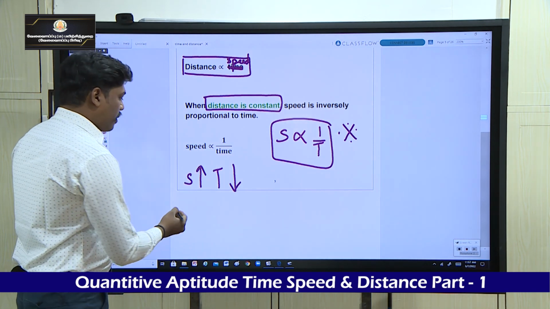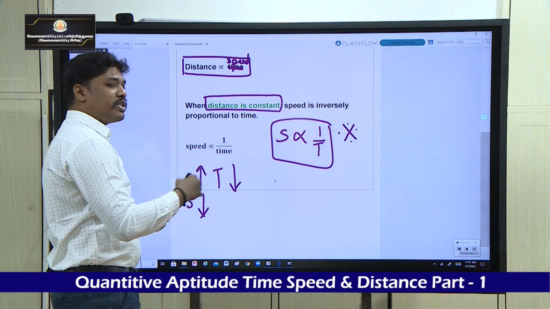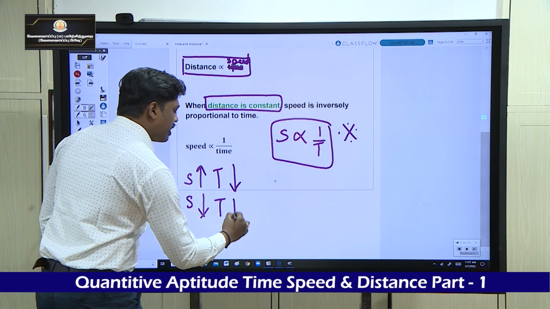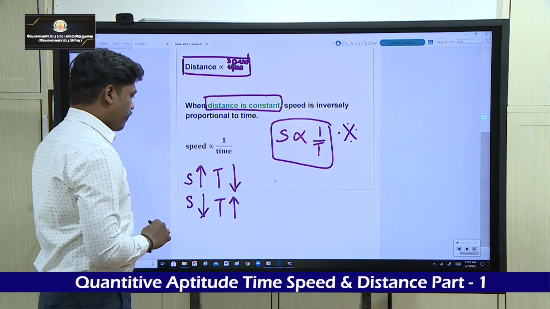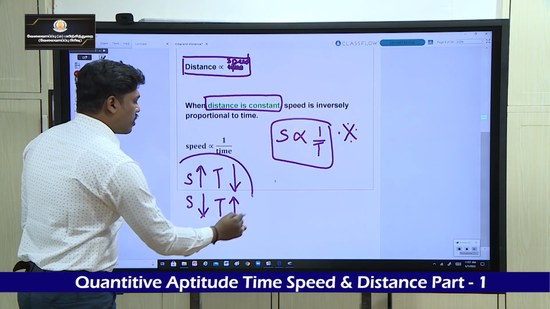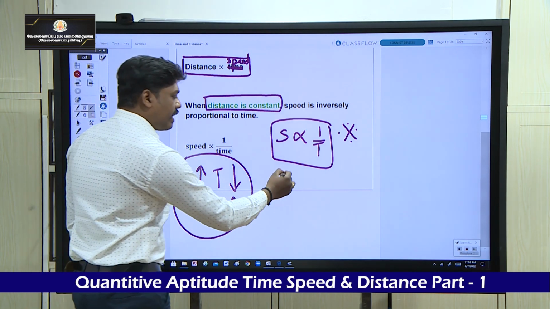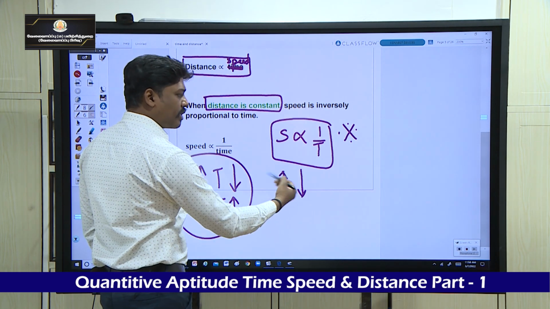For example, if the speed is decreasing, a person going at a lower speed, then obviously the time taken to the destination increases. He takes more time to reach. So this is called speed is inversely proportional to time taken. If one increases, the other one decreases, and vice versa.